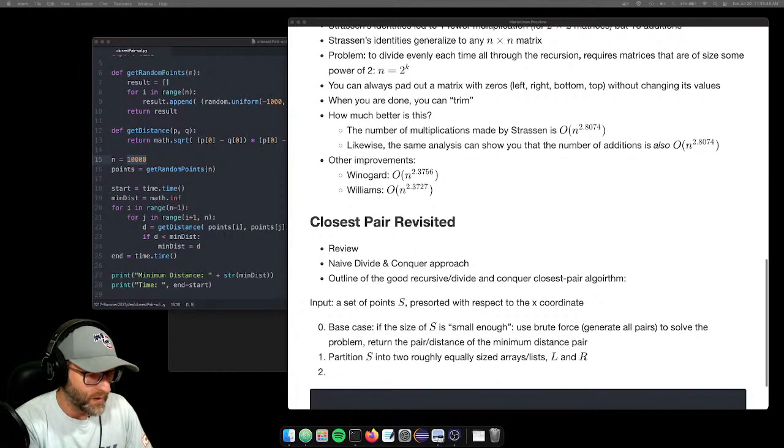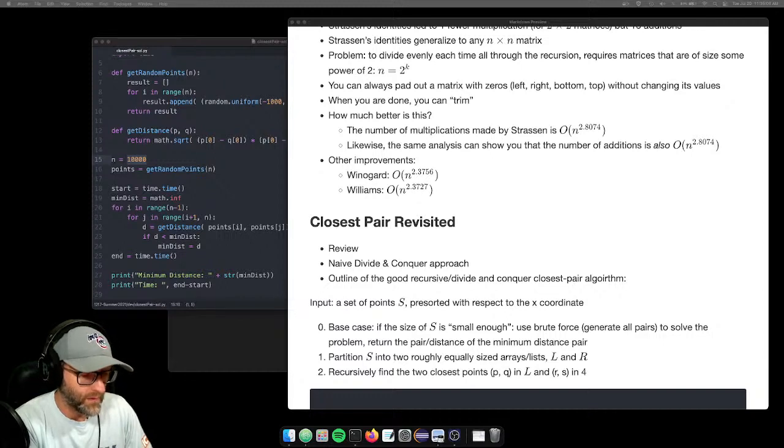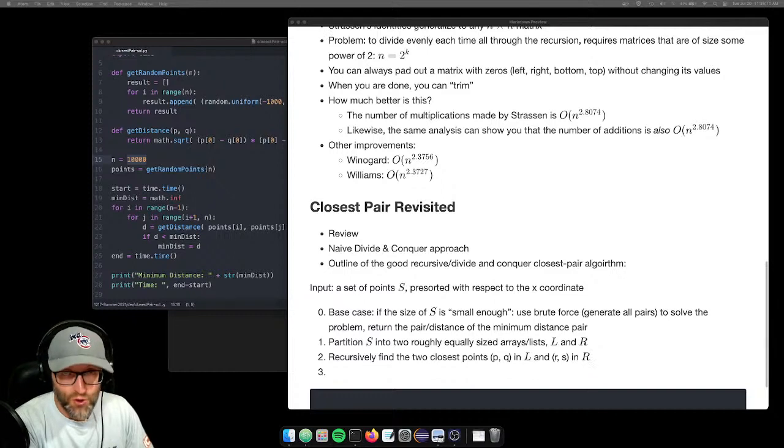Recursively, find the two closest points P, Q in L, and I'll give them another name, R, S in R. Okay? Then you choose the minimum among those.